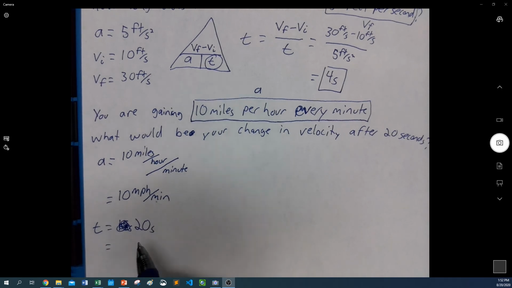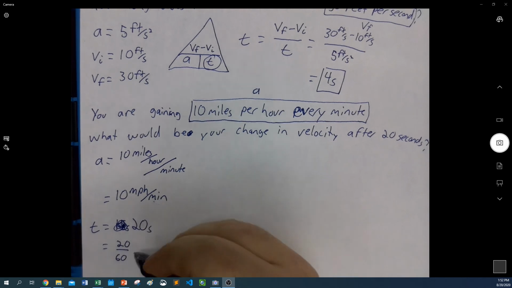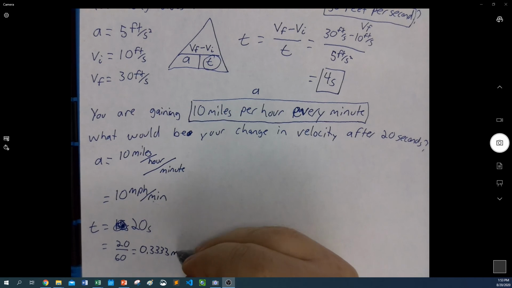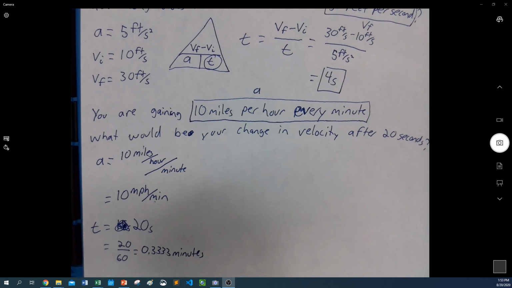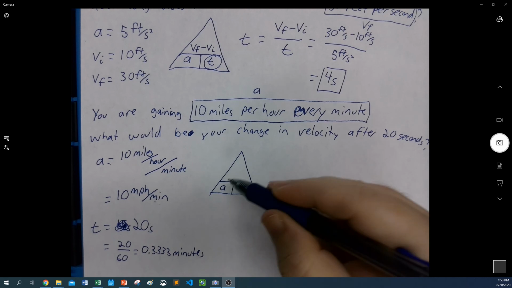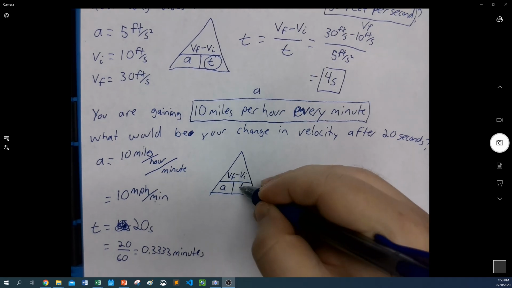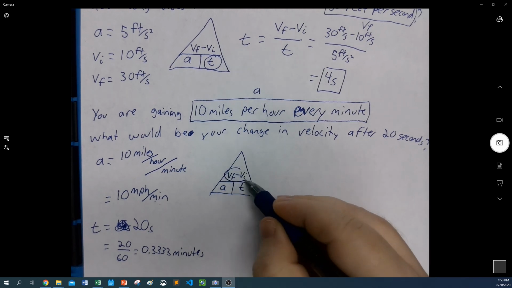So we need to convert 20 seconds into minutes. We do that by dividing by 60, which will give us 0.3333 minutes. So acceleration is change in velocity over time. This is our change in velocity.